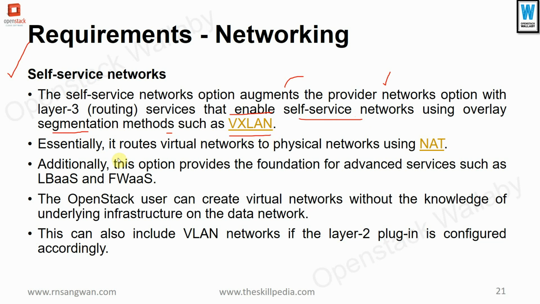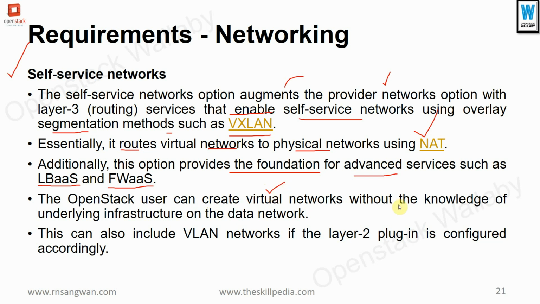Essentially, it routes virtual networks to physical network using network address translation. Additionally, this option provides the foundation for advanced services such as load balancer as a service or FWaaS as a service.